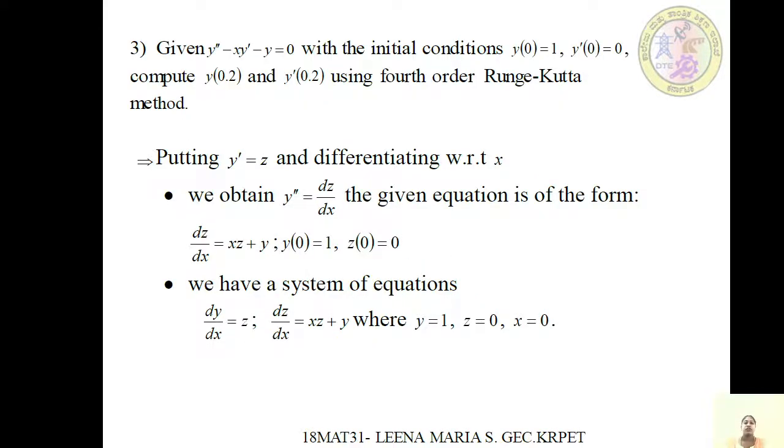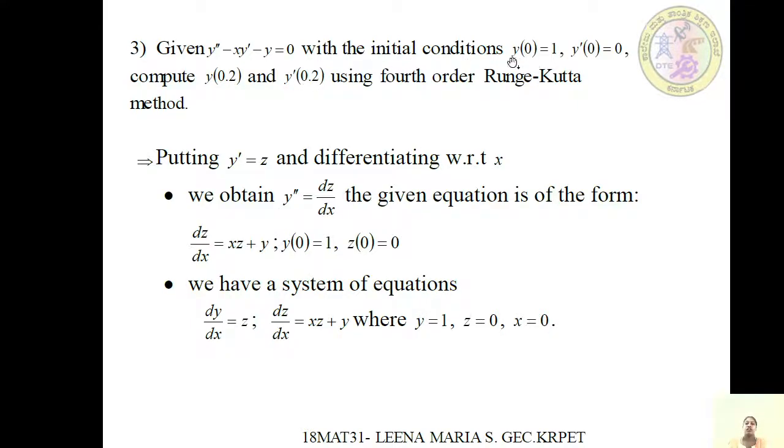Given y double dash minus x y dash minus y is equal to 0, with initial conditions y of 0 equals 1, y dash of 0 equals 0, compute y of 0.2 and y dash of 0.2 using the fourth order Runge-Kutta method. Here we find y of 0.2 and y dash of 0.2, where y dash is z.